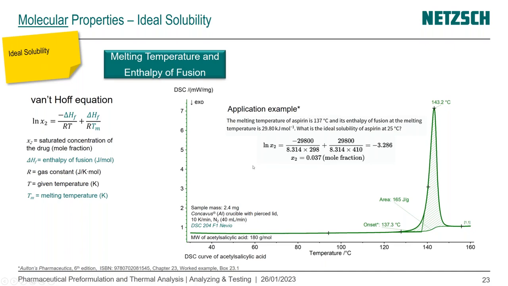So this is an example from the Aulton's Pharmaceutics, and it is about the ideal solubility of aspirin at 24 degrees C. I have here a measurement, a DSC curve that we have done here in-house, and we see that we have the onset at 137 degrees C, and this area here.